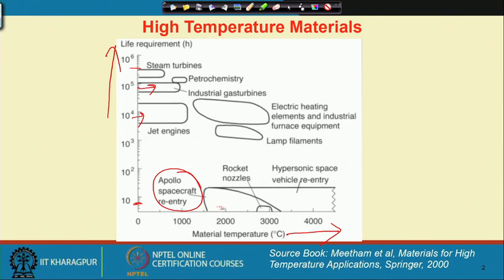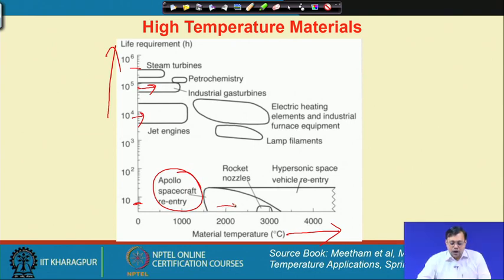Here maybe maximum 2 or 3 times those materials can be used. However, for these hypersonic re-entry vehicles, the operating temperature is quite high, like 4000 degree centigrade.